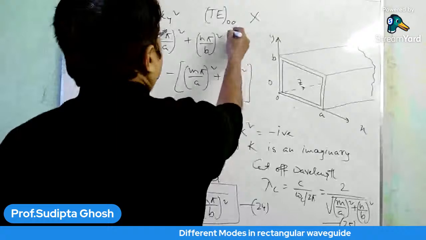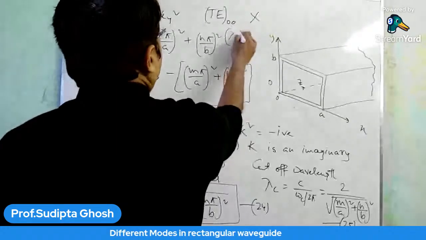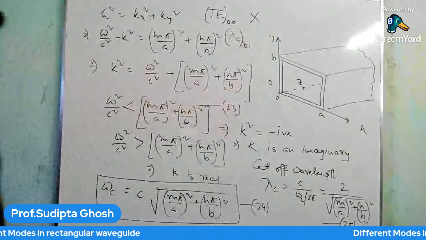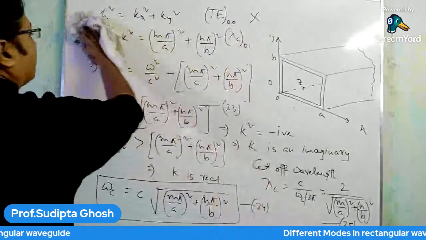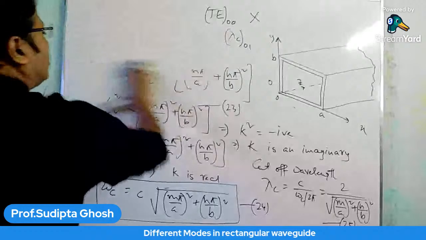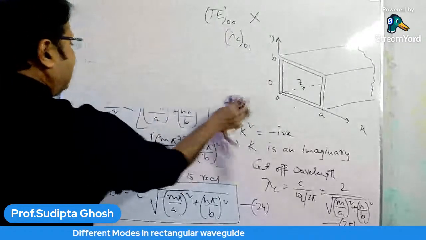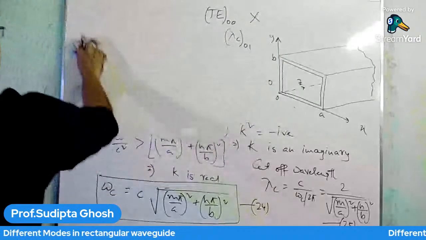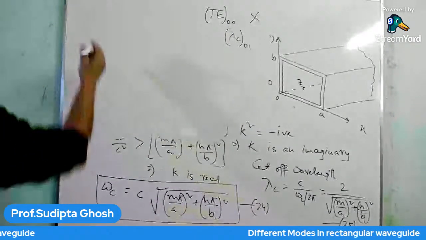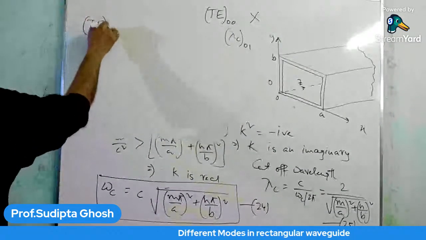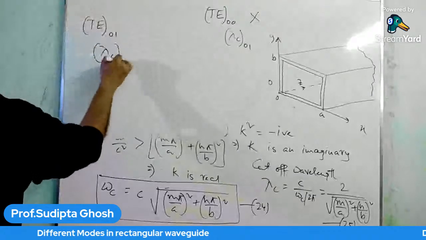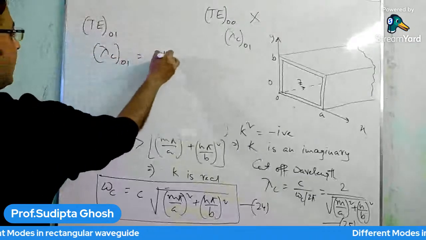So for lambda c 0 1, for transverse electric waves, the mode m equals 0, n equals 1 is possible, as we can find the value of lambda c 0 1. So this is TE01. That means lambda c 0 1 equals twice b.